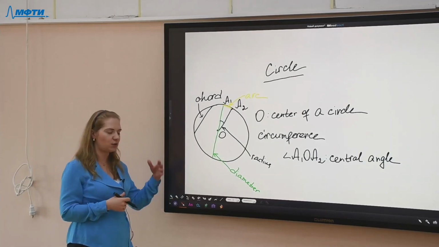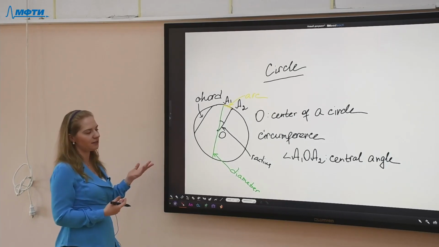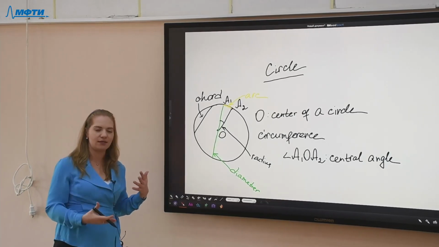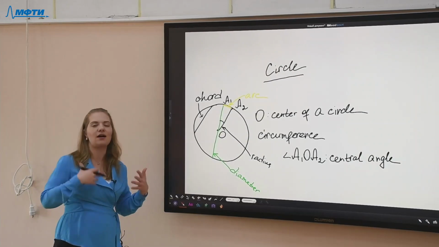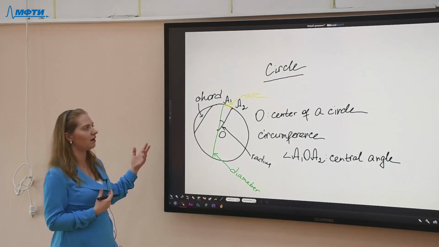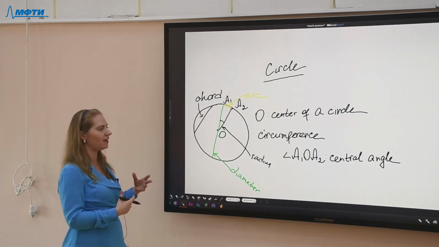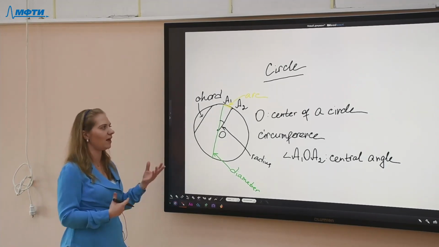We say that we have two semicircles. And also we can introduce such concepts as minor arc and major arc. A minor arc is an arc which is less than a semicircle, and a major arc is an arc which is greater than a semicircle.